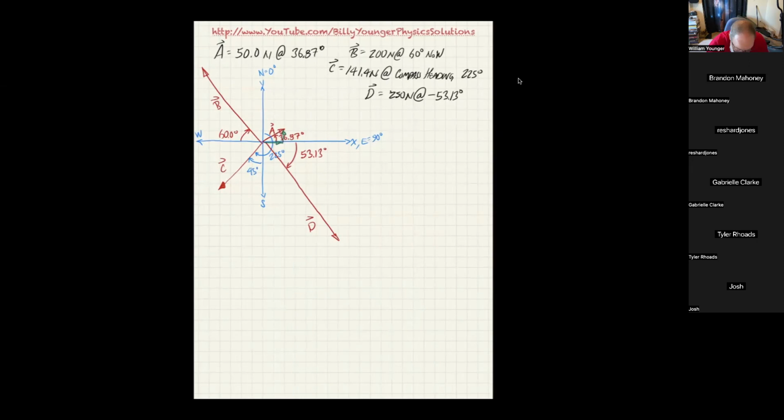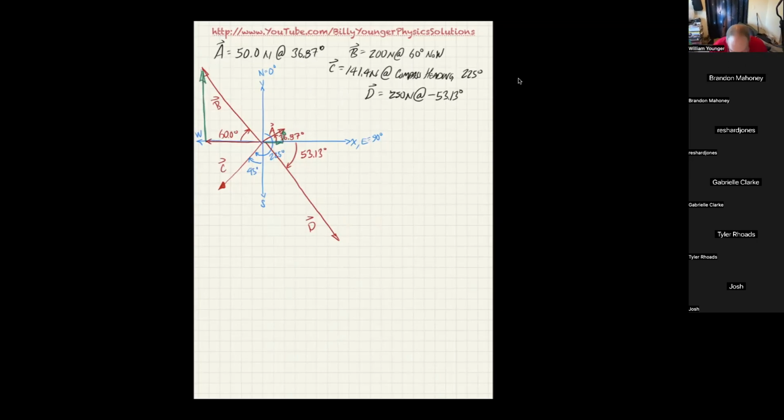If you cast a shadow on B, that x component is in fact supposed to be negative, and that y component is supposed to be positive.